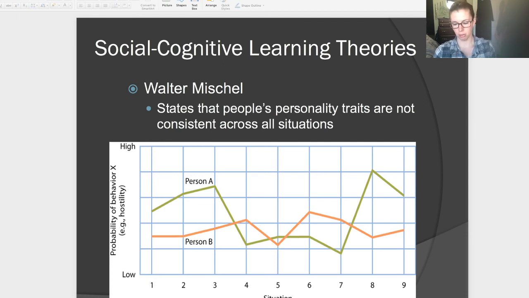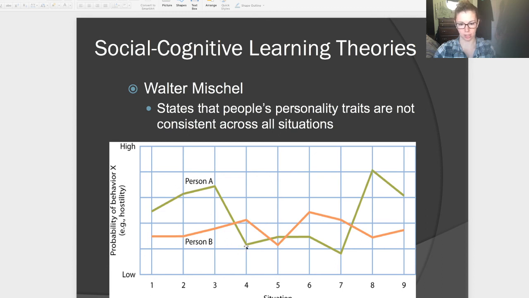So that's super interesting, because Walter Mischel says, and social psychology says, that people's personality traits really are not consistent across situations. This is just an example with some data from 2 individuals and how the probability of a particular behavior changes over different situations. So you can see that there's much more variability within the 2 individuals than between them.